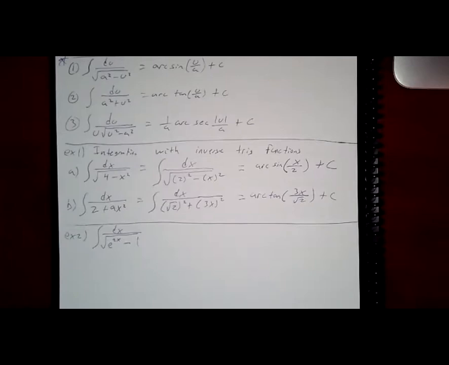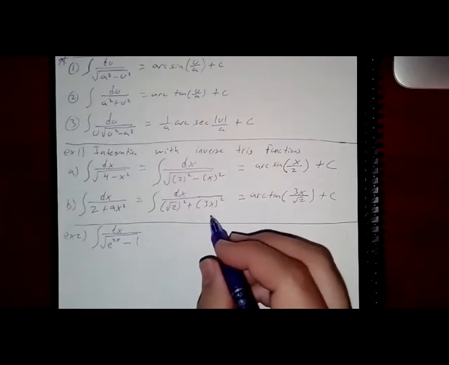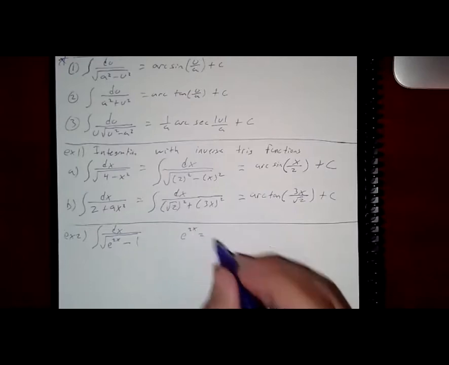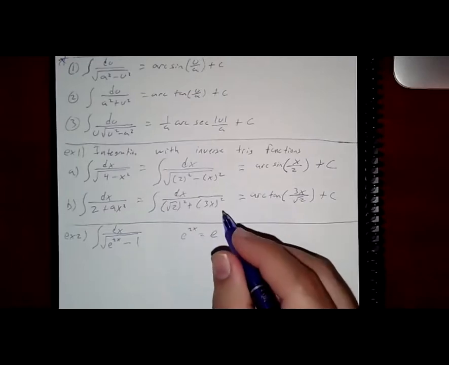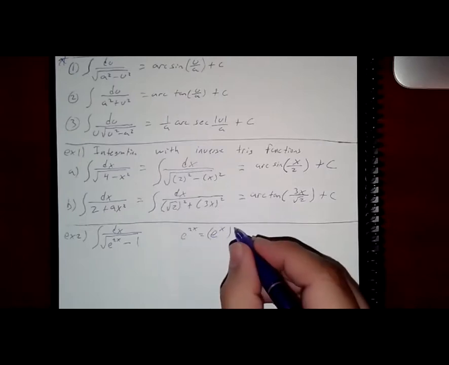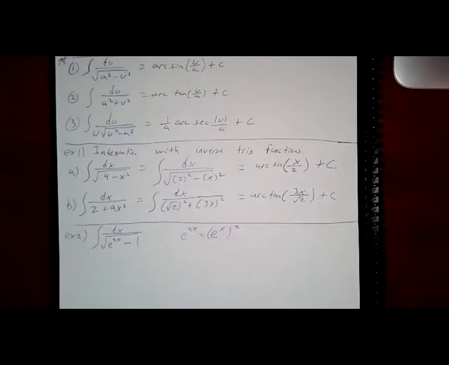No, because we have that root. Can't do it. So you have to deal with this e. Remember, e to the 2x means e to the x squared, right? You agree with that? Yes.